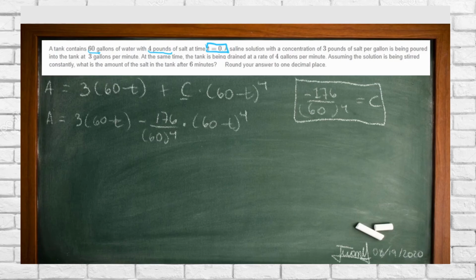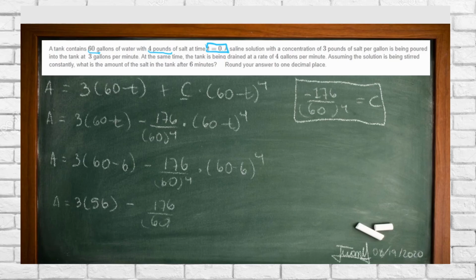So now let's find out the answer to our question. The amount of salt at t = 6 minutes is going to be 3 times (60 - 6) minus 176 divided by 60 to the fourth power times (60 - 6) to the fourth power.